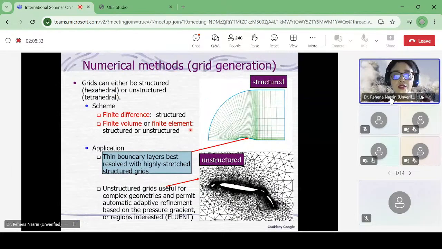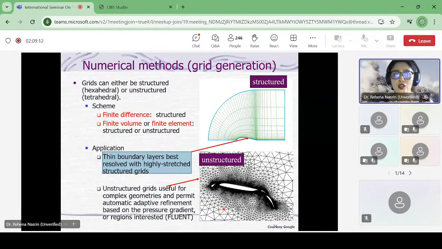If we use a finite difference mesh, as I told you, then we get a structured mesh. This is known as structured mesh. Here the thin boundary layers are best resolved with a highly stretched structured grid, and there is an unstructured mesh based on the pressure gradient or regions of interest.